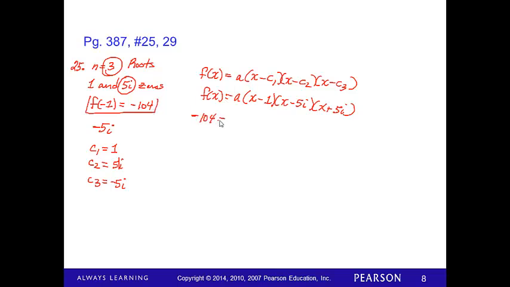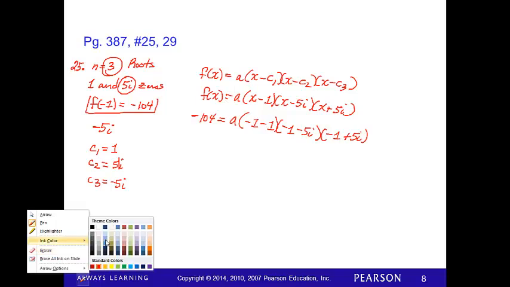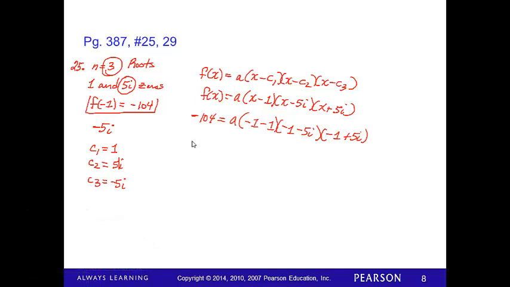So we have negative 104 equals a times negative 1 minus 1, negative 1 minus 5i, and negative 1 plus 5i. And then we're going to multiply this out so we can solve for a. Do so in your papers and make sure you match what I get.